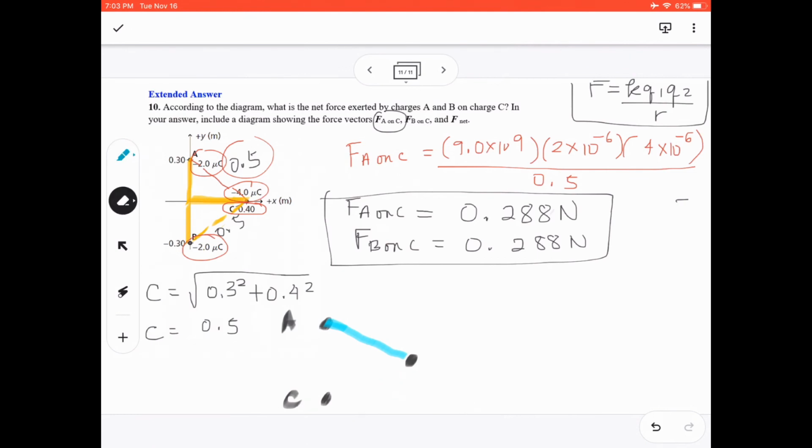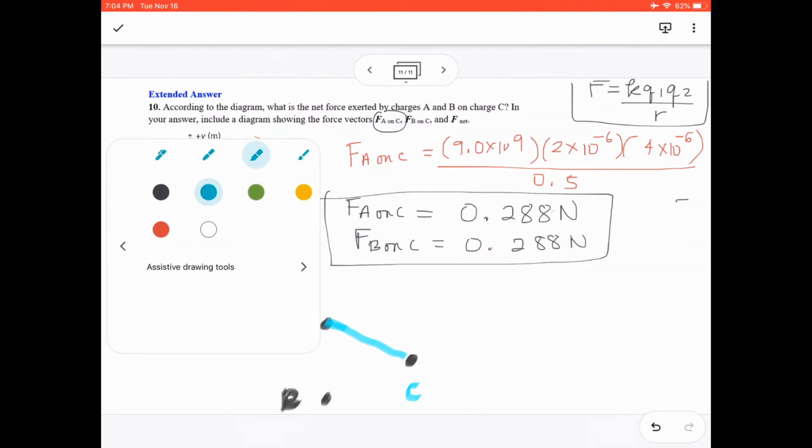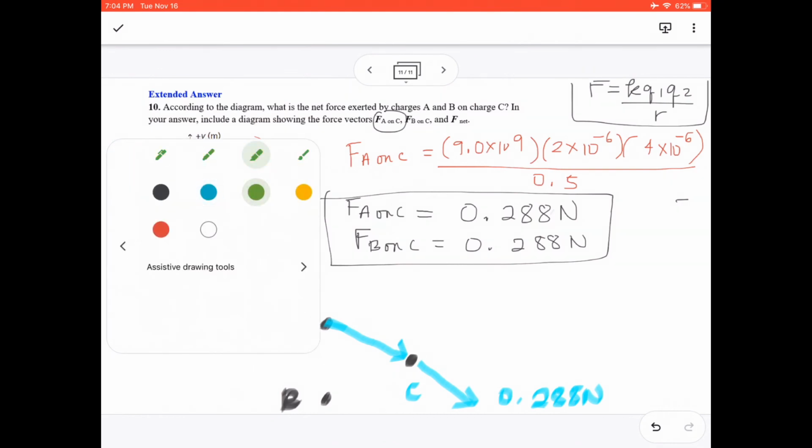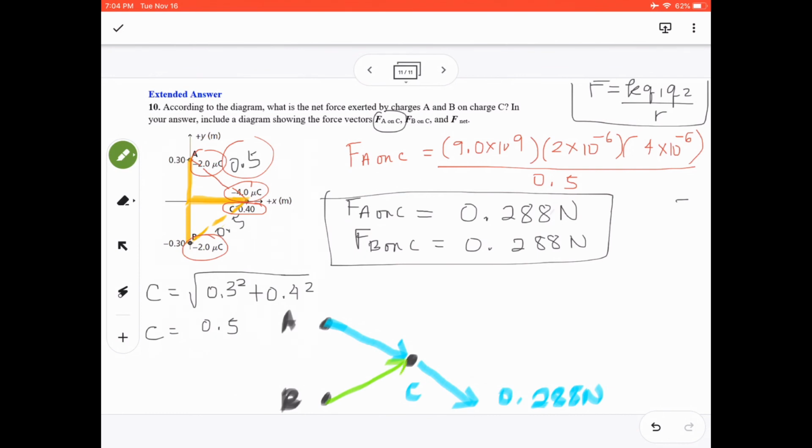Okay, A on C, we were able to solve that it's equal to 0.288. So the force of FA on C is 0.288 newtons. And the force of B on C, we're able to solve it, means that this is equal to 0.288 newtons as well.